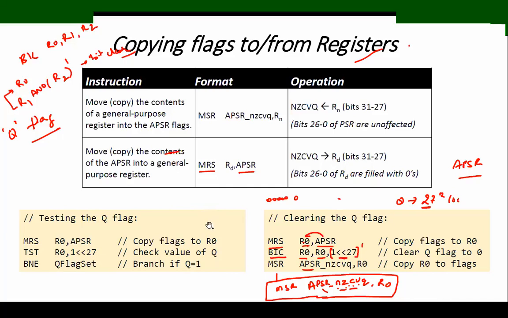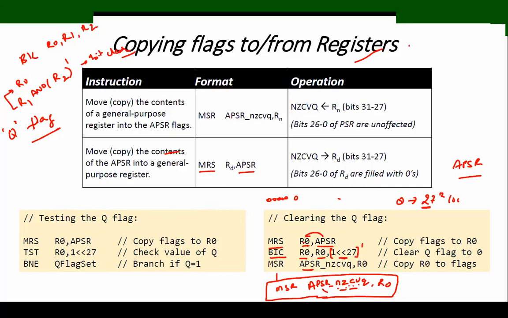So how do we test this Q flag? As I told you, there are two formats here, MSR and MRS. So let us take MRS. This copies the flag values to R0. What are these flag values?